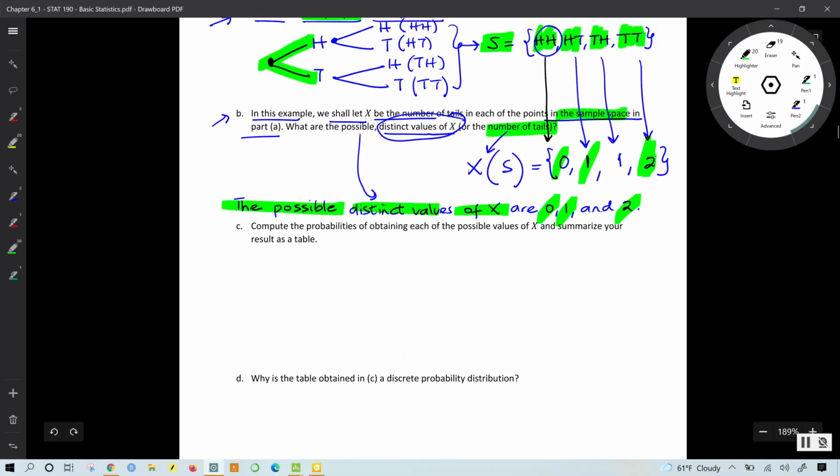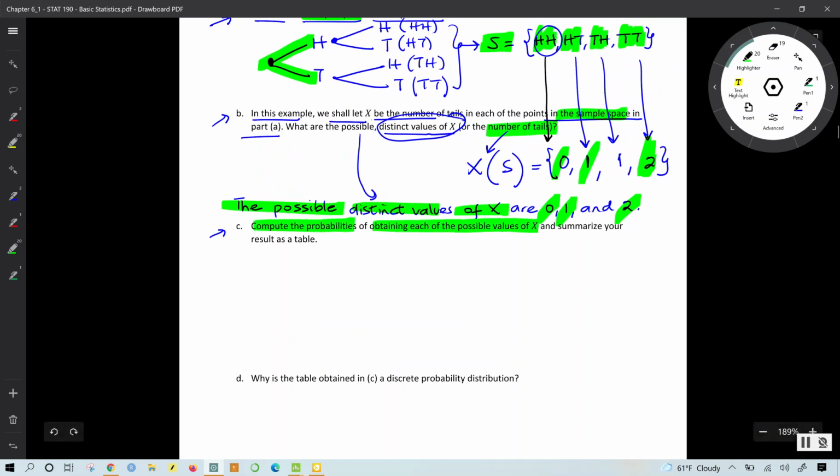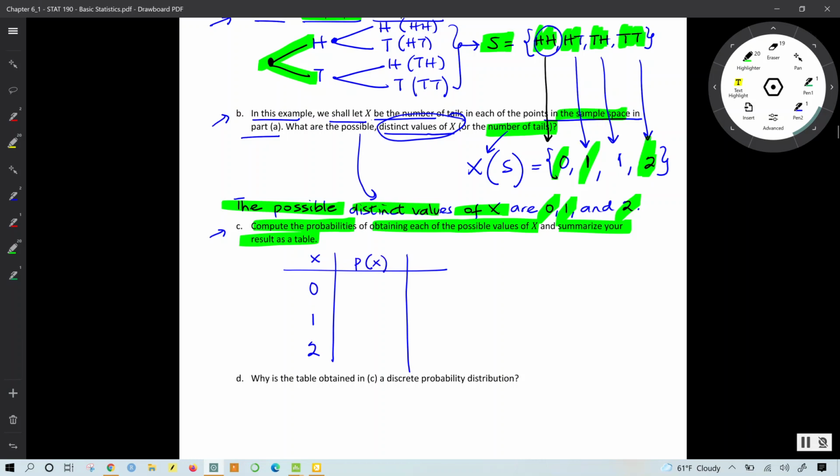Then based on this, we proceed to question C. We are required to compute the probabilities of obtaining each of the possible values of X and summarize the result as a table. These are the possible values of X: it could be 0, 1, or 2. Then you have the corresponding probabilities of the possible values of X.